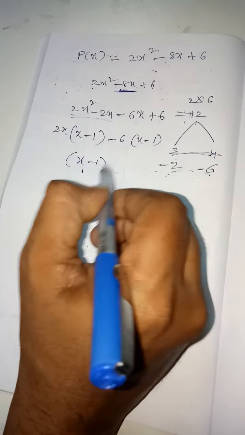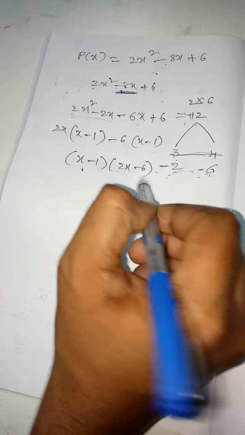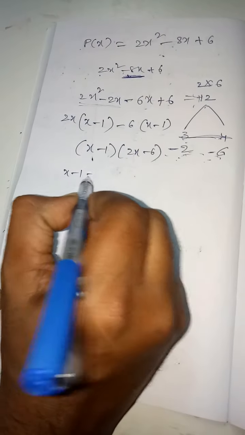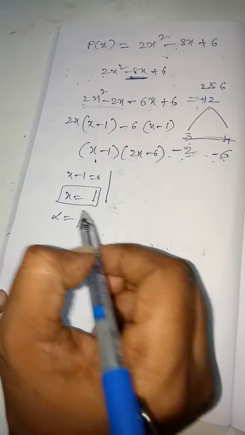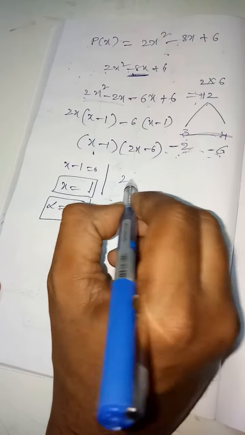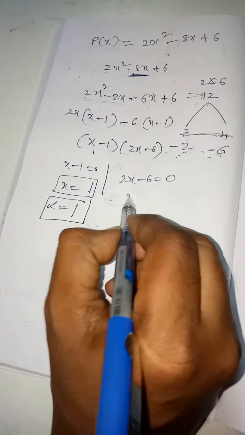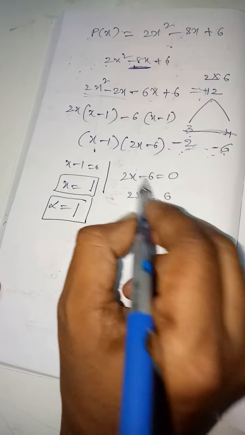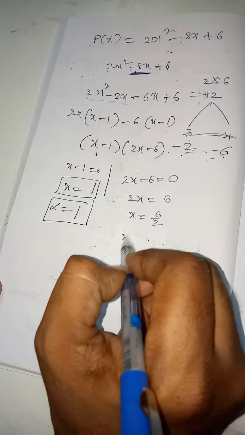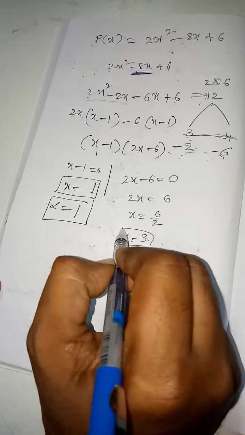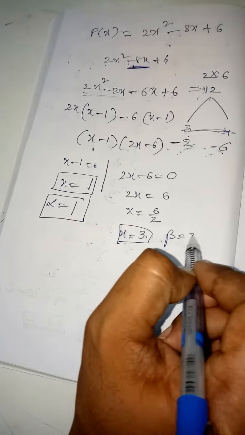Again taking x minus 1 common, we get x minus 1 times 2x minus 6. So x minus 1 equal to 0, then x is equal to 1. This is one factor, that is alpha is equal to 1. And second, 2x minus 6 is equal to 0, then 2x is equal to 6, x is equal to 6 by 2, x is equal to 3, so beta is equal to 3.